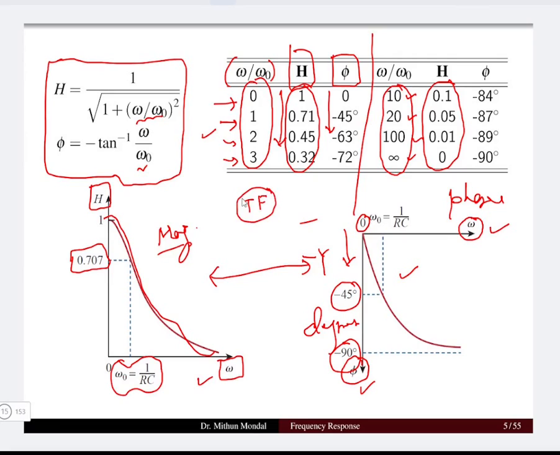There is still some difficulty in obtaining the frequency response from the transfer function. So we will go by one different method, which is known as the Bode method, or Bode plots, having the magnitude and the frequency. This we are going to discuss in detail in the next lecture.